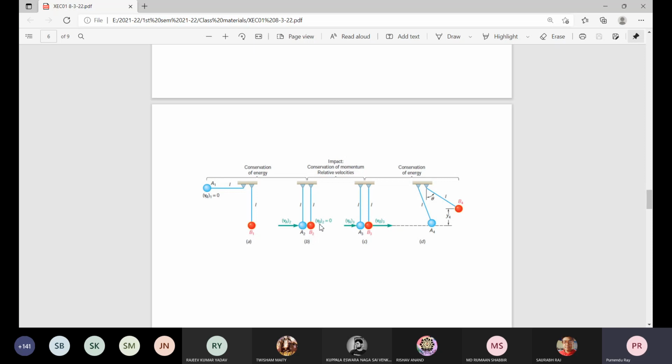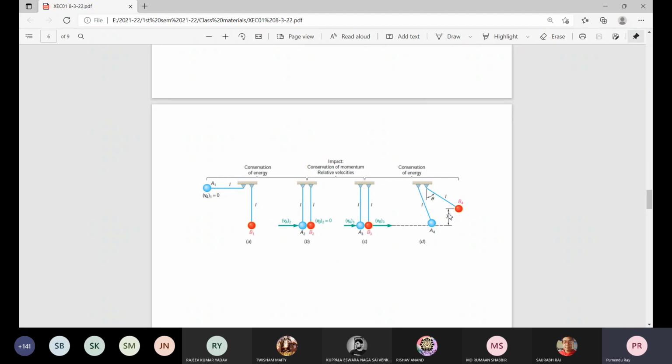it hits this red sphere and there will be impact. Now, depending on whether it will be plastic impact, perfectly elastic impact or something in between, we need to solve accordingly. That part is under this impact, and after impact, they will get separated.